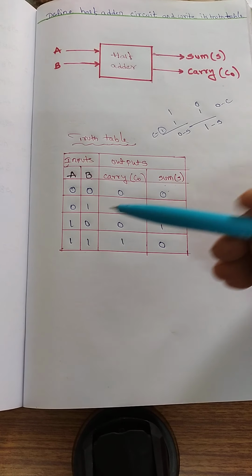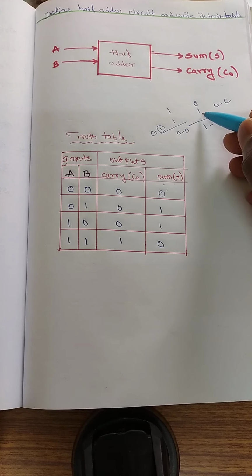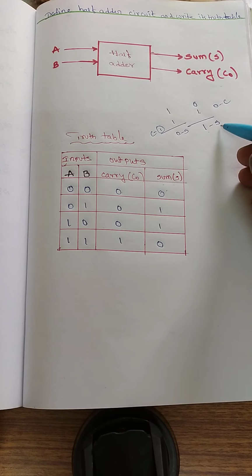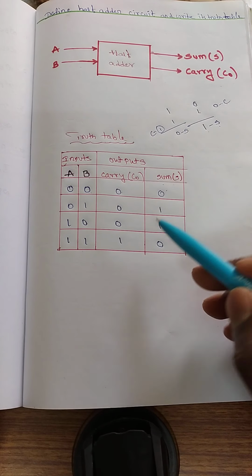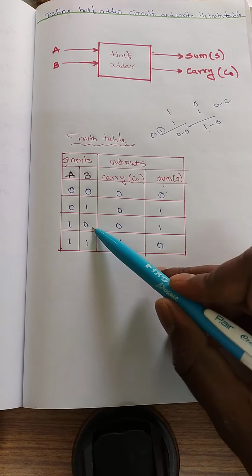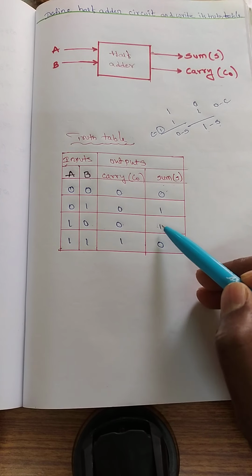If you add 0 and 1, 1 will be the sum and 0 will be the carry. The same way 1 0, carry will be 0 and sum will be 1.